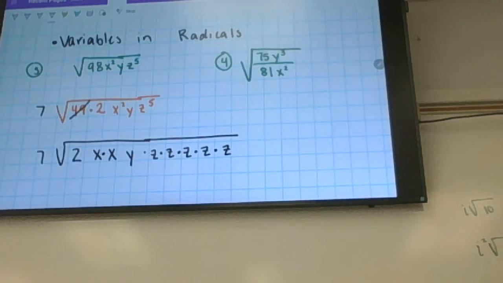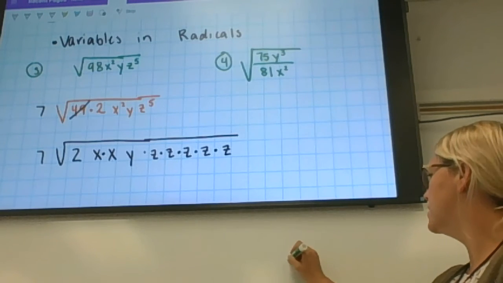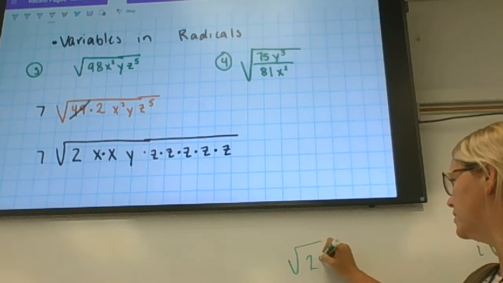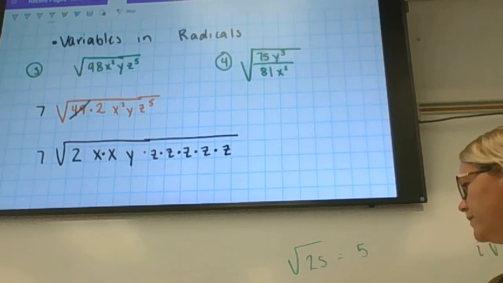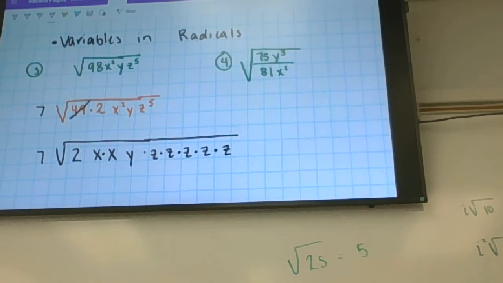When you're square rooting, every group of 2 can square root. Like the reason the square root of 25 equals 5 is because you're square rooting 5 squared. And the truth is that a radical bar and an exponent cancel each other out. Square rooting is the opposite of squaring.